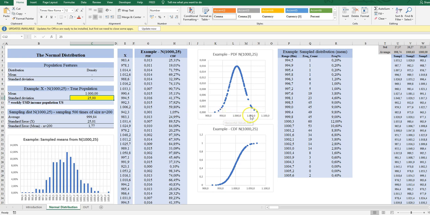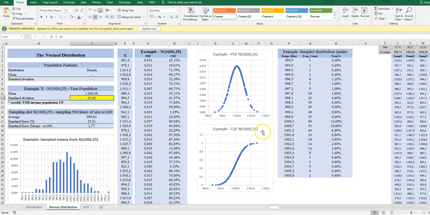So 950 and 1050. So this interval here is a 95% confidence interval. 95% of all registered incomes in the population is within 950 and 1050.